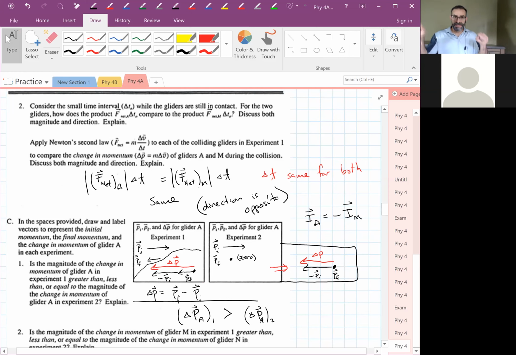Block A comes in with the same momentum in both cases. In one case, it bounces back. So because momentum is a vector quantity, that's a huge change. It went from positive to negative. That's a really big change. Whereas going from something to 0 is not as much of a change. It's like half as much, right? That's the point here.